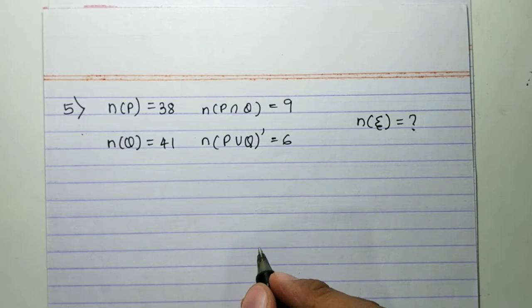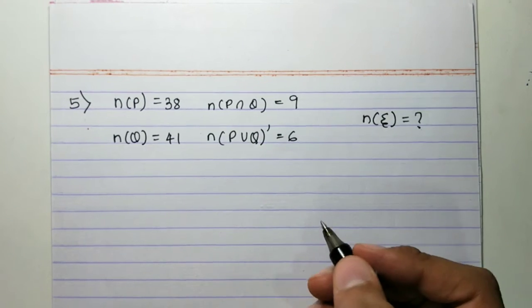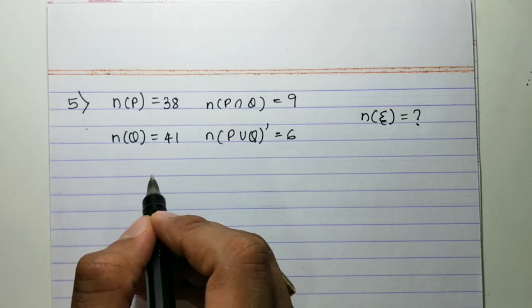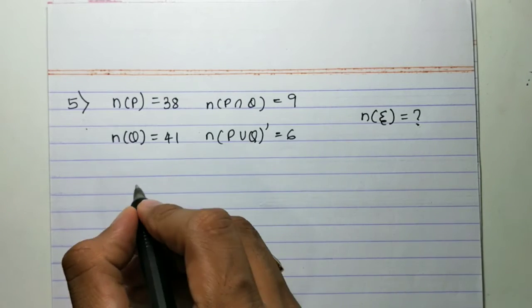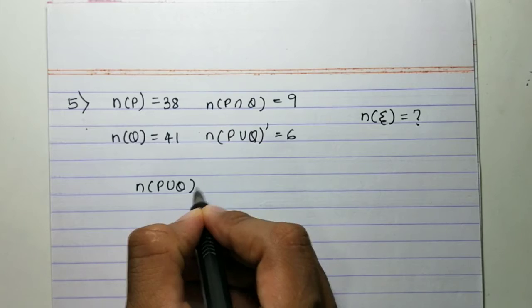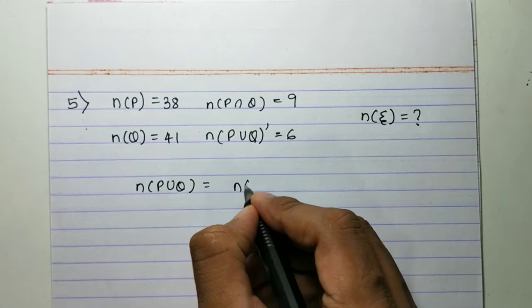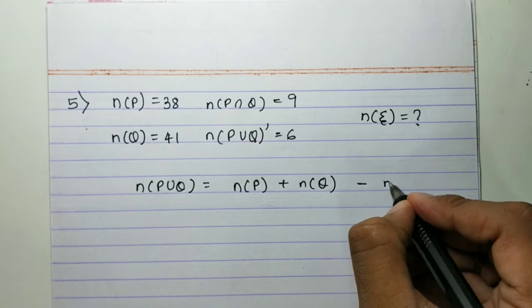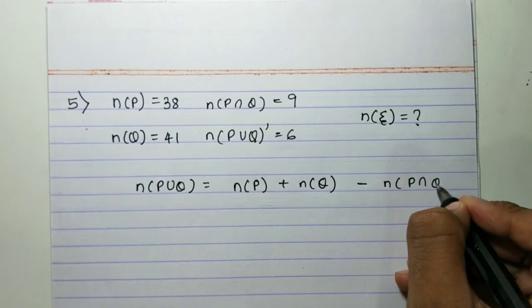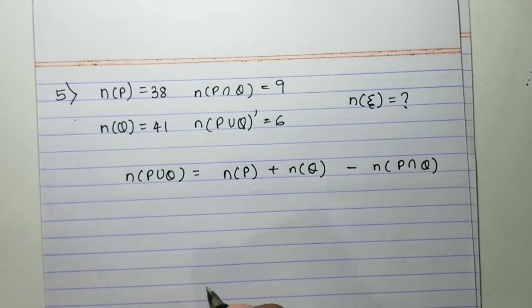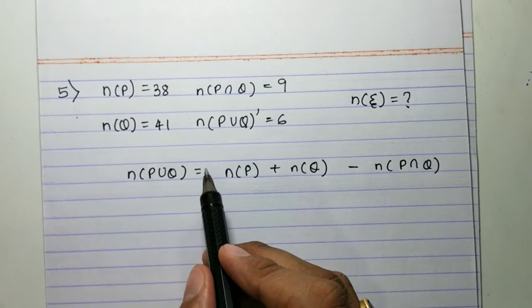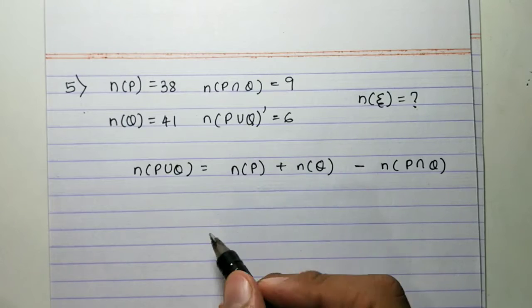So there will be two formulas used in this question. How? Let's see. First, let's use the first formula. What is the first formula? A union B. Means here I have P and Q. So I will use P union Q is N of P plus N of Q minus N of P intersection Q. See, A और B होता था formulas में. This is P and Q. Same. Okay.